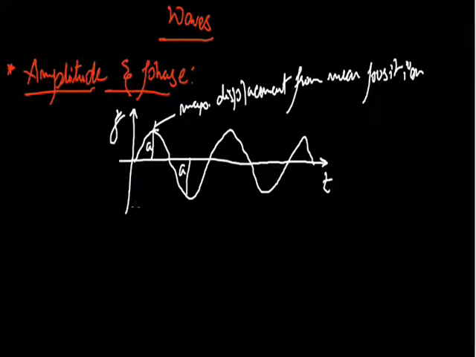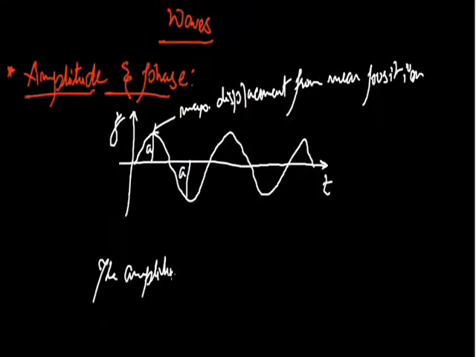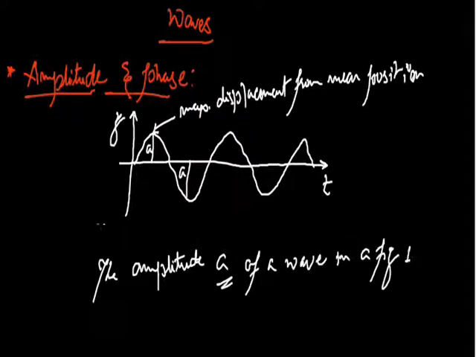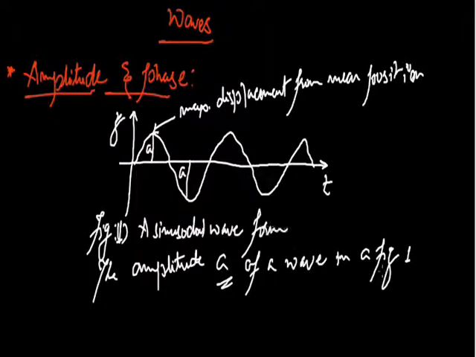In order to understand amplitude in detail, we can say that the amplitude A of a wave in the above figure, figure 1, a sinusoidal waveform, is the magnitude of the maximum displacement of the elements from their equilibrium positions.